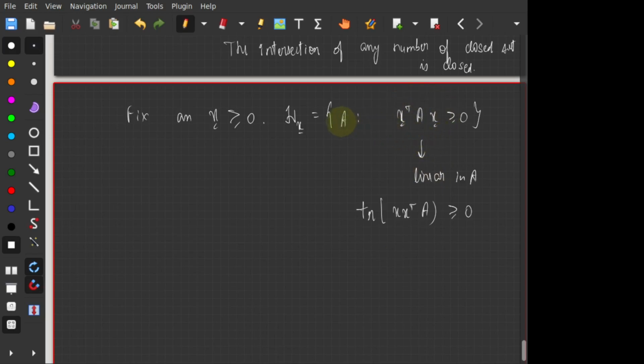We are saying that set of all A for which some linear function of A is greater than or equal to 0. So what kind of a set is this? It's a half space.